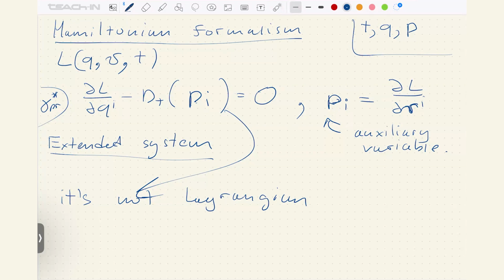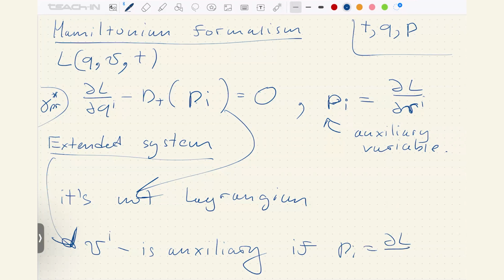And the thing is that under some conditions, if we look carefully at this extended system, the variable v also is auxiliary, if this equation, the second equation, can be solved with respect to v.